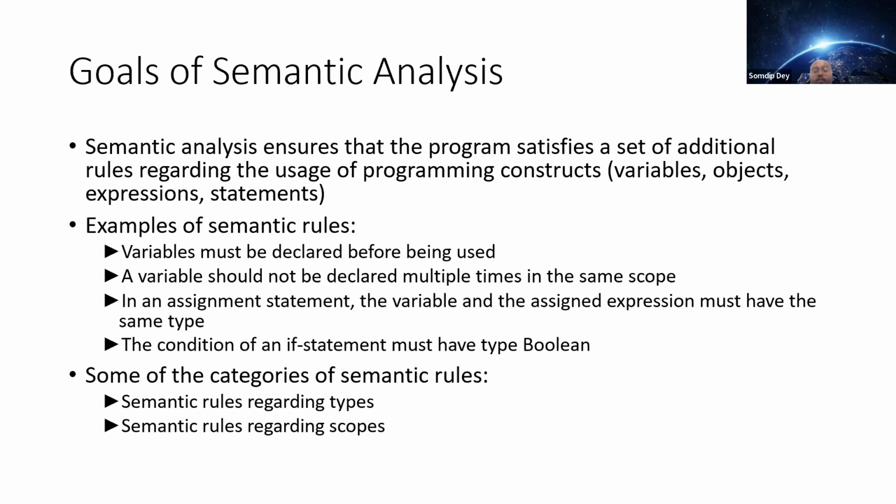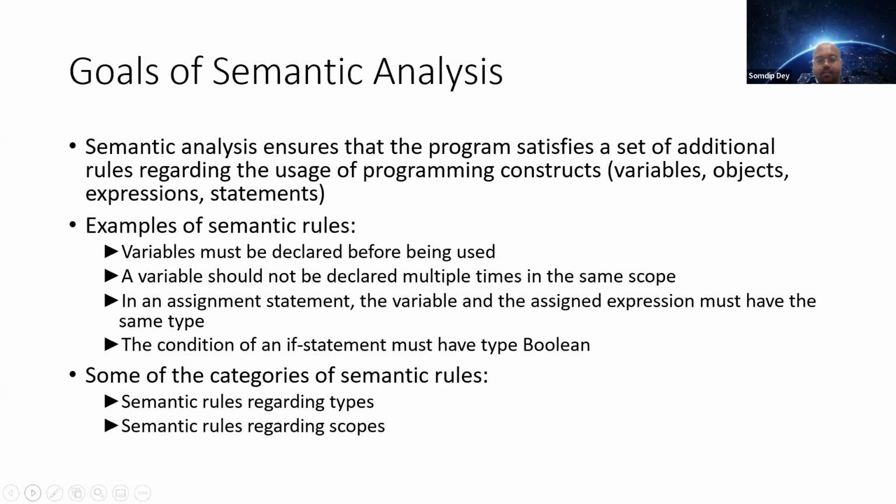When we talk about semantic rules, there are at least two specific categories: semantic rules regarding types, or semantic rules regarding scope. So do go through this topic in your lectures, what the different types and scope mean as part of semantic analysis.